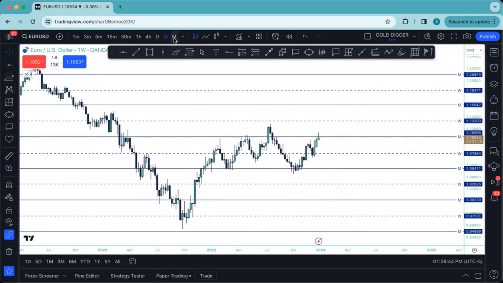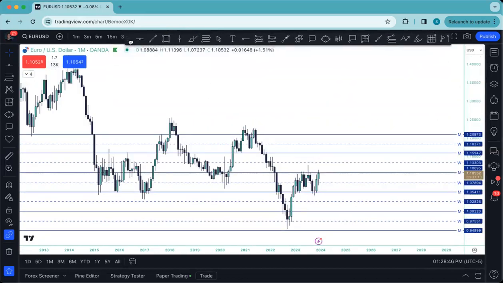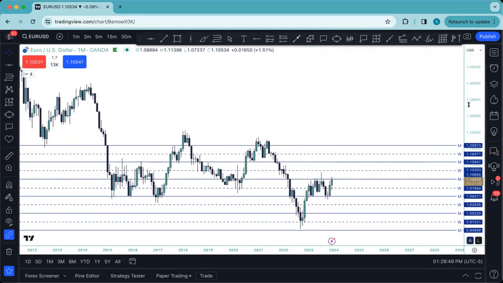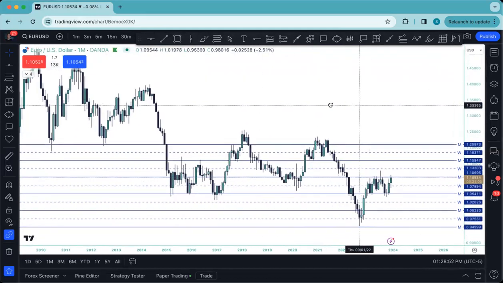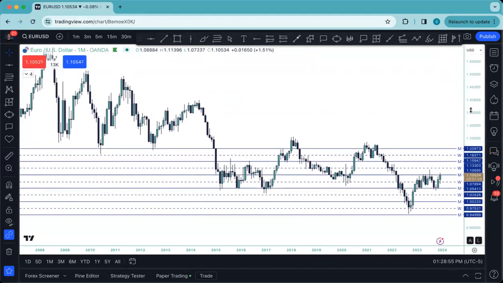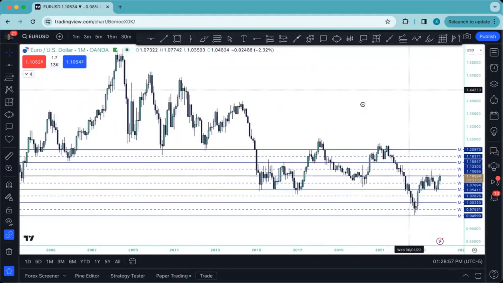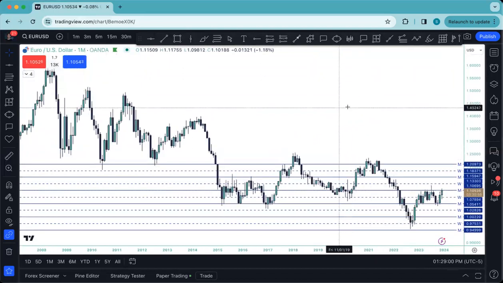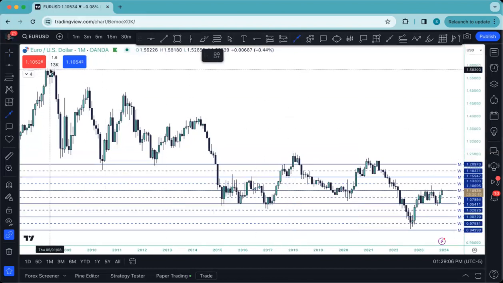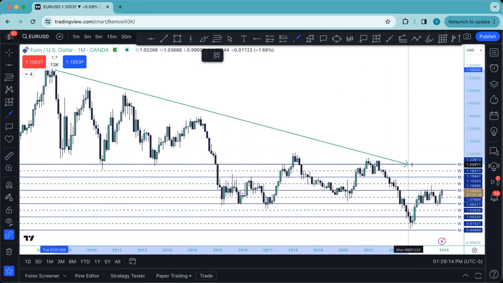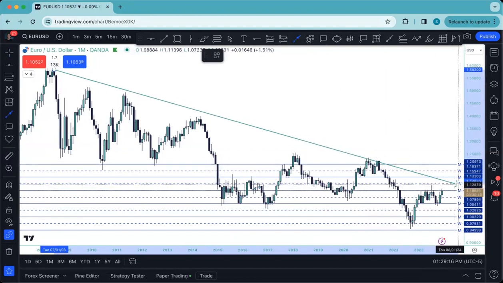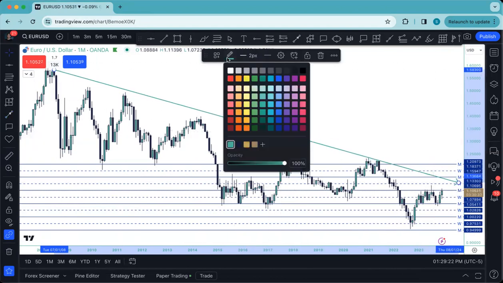And so now we need to identify the trend. For the monthly, let's make that blue.